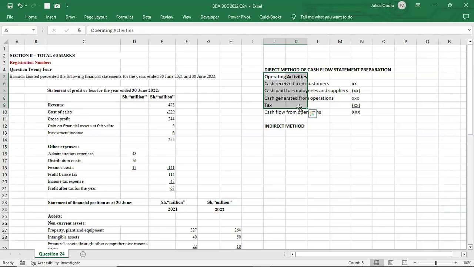Was there any purchase of long-term assets? What was the amount that was used to purchase this asset? Was there any disposal of a long-term asset? If there was a disposal of a long-term asset, what was the cash generated out of this disposal? So that is what we look at when we get to investing activities.